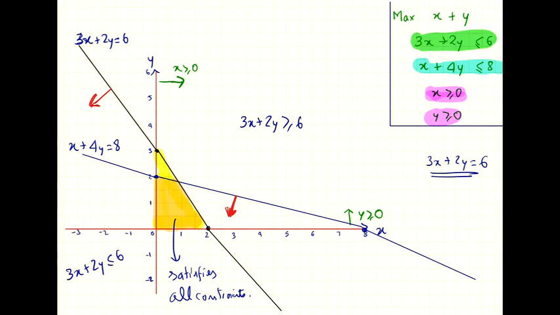In particular, for instance, 0, 0 is feasible because you could make 0 units of cappuccino and 0 units of latte using the resources that you have. So all the points in that region are feasible.